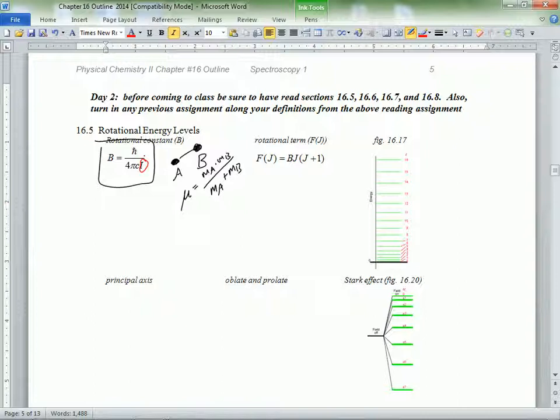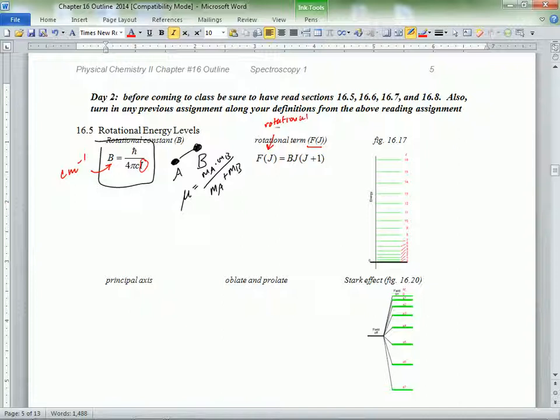Now I think it helps to remember what units things are in. They really like wave numbers for this stuff, so let's help them out by identifying all this. Now they're getting into rotational terms, so you can describe a rotational state.